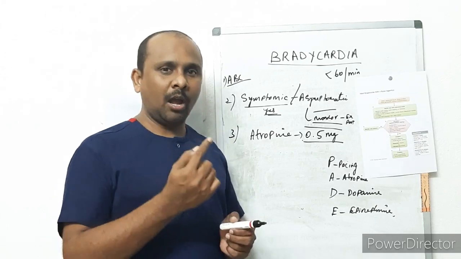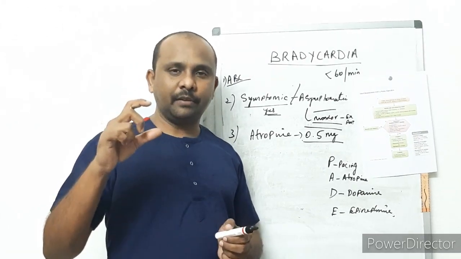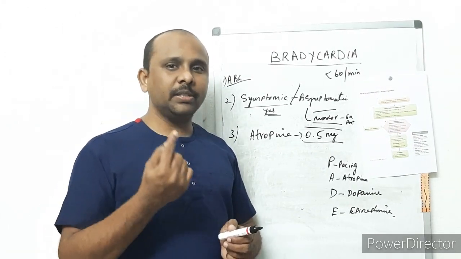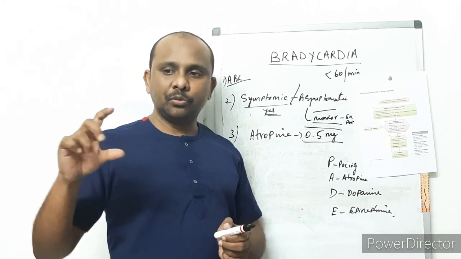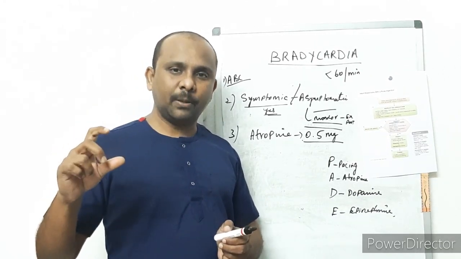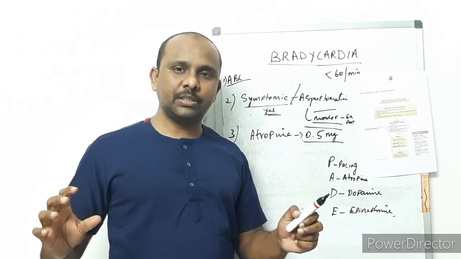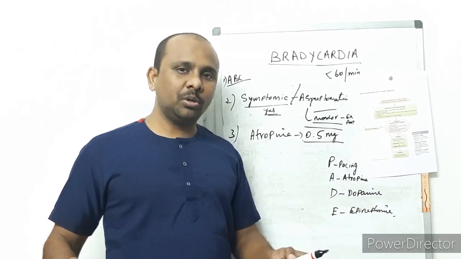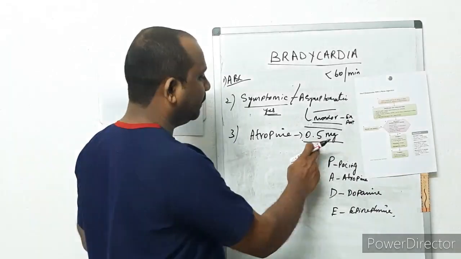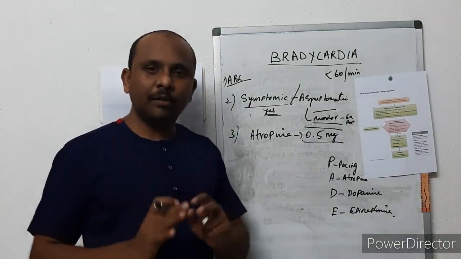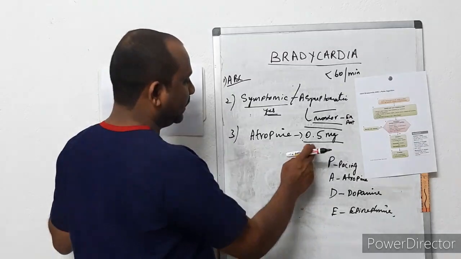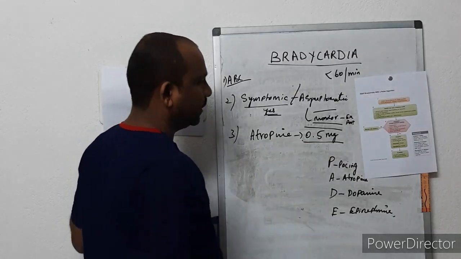Atropine comes as an ampule or a vial. An ampule is 0.6 mg per ml; a vial is 1 mg per ml. So there are many variations of preparations. Whatever it may be, that is fine. Just take that 0.5 mg and give it in the proper way, right? So that is the IV push of atropine.